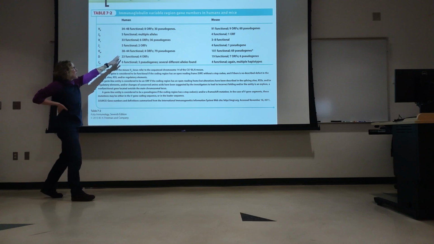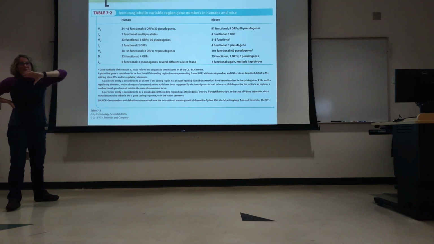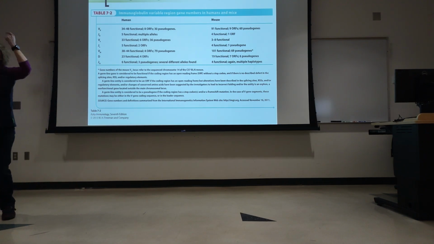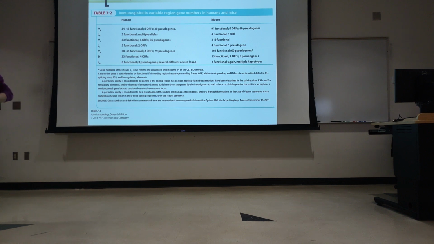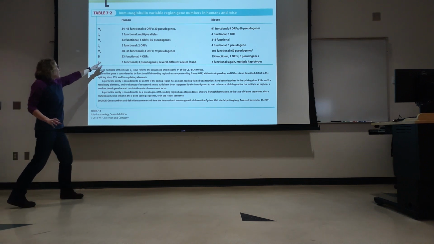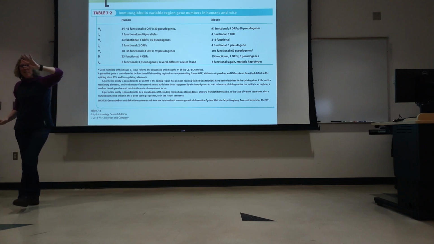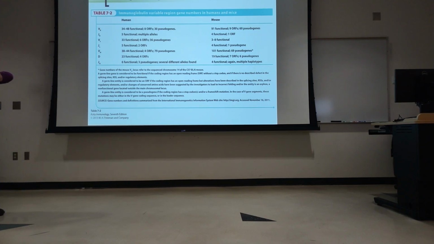We have somewhere between 30 to 40 functional heavy chain genes. So 40 different versions of variable regions that we can clip onto that heavy chain. We have about 23 different diversity chains to pick from.